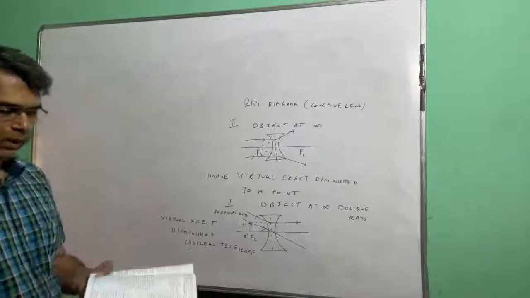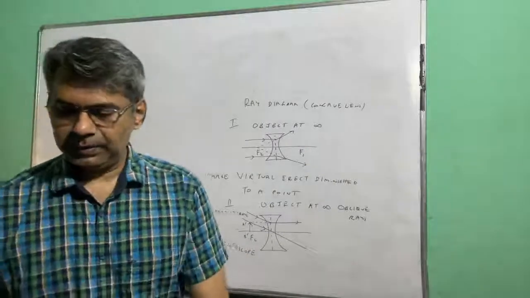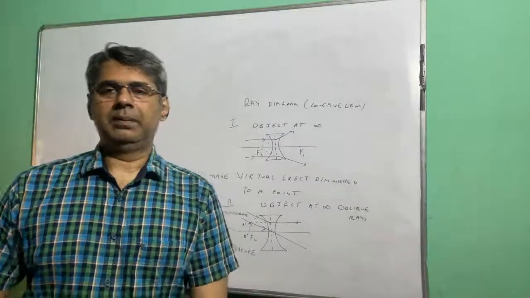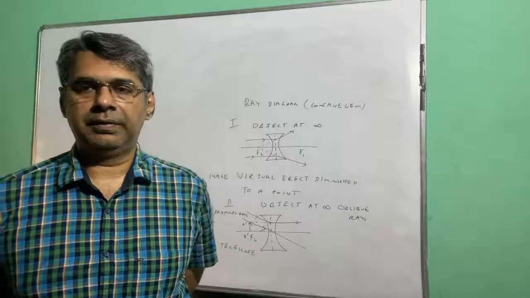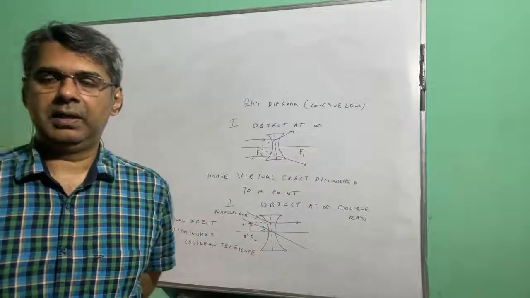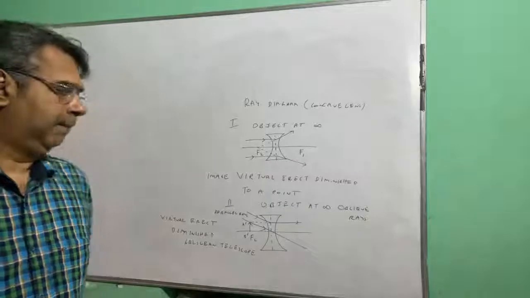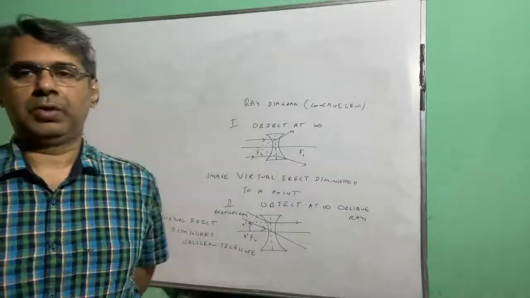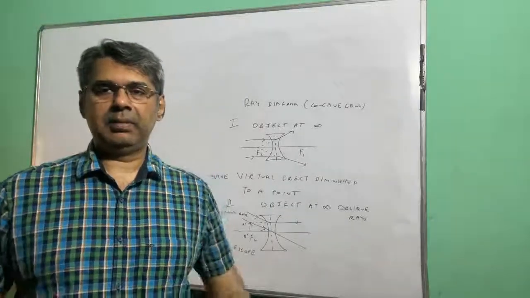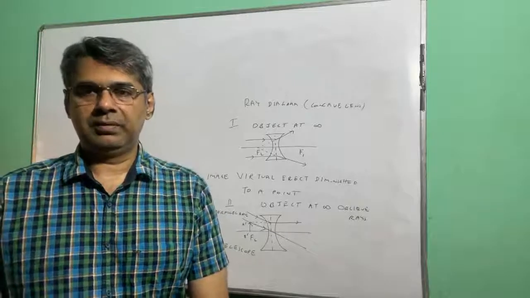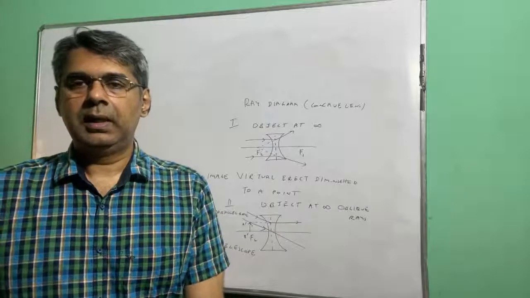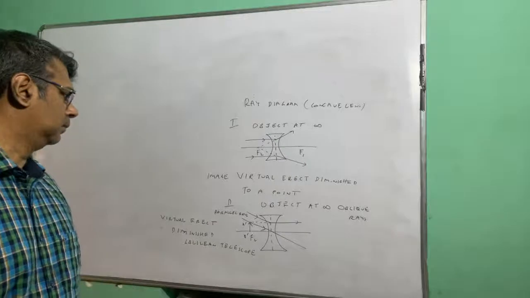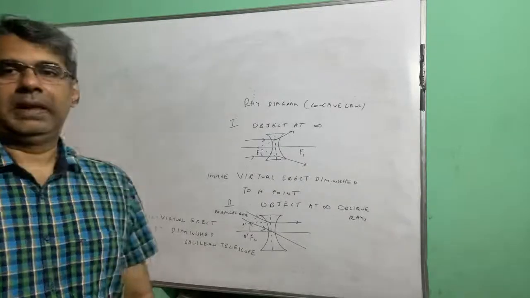The Galilean telescope is not in your syllabus, but many years ago the iconic Galileo Galilei, the very famous scientist, thought that the basic problem with any telescope is that it uses a convex lens and therefore produces an inverted image.